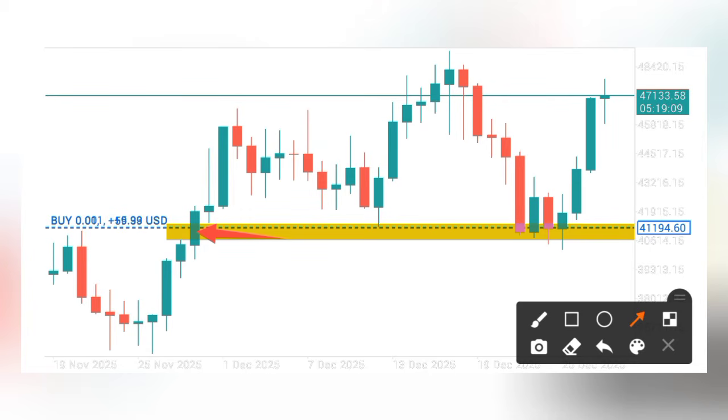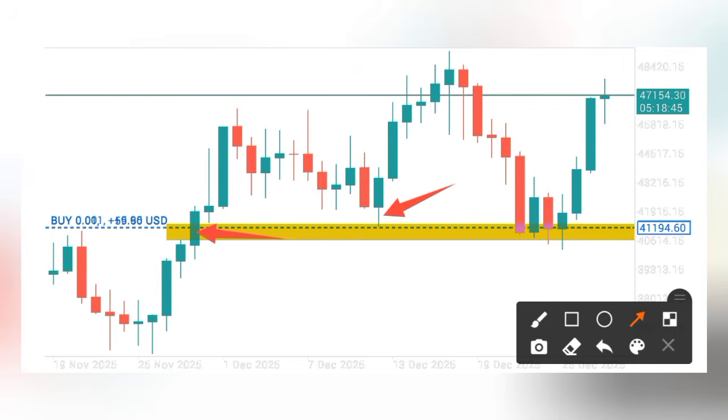I waited to see if price was going to come back, and right here price came back, but it didn't tap into that zone properly. If price comes back and taps the upper part of your zone, that is not enough conviction to take a trade.